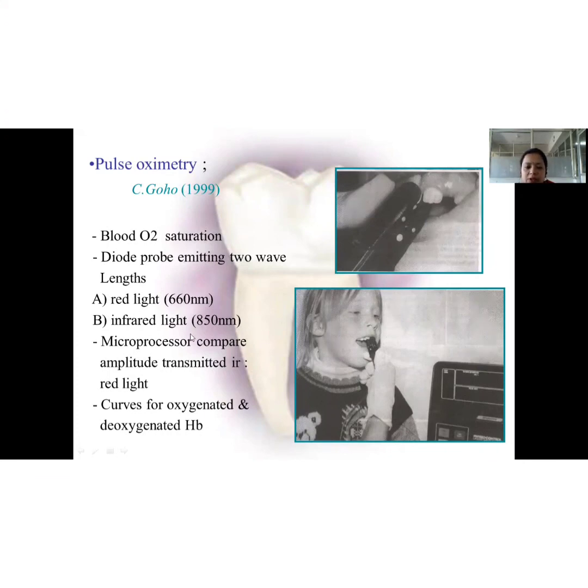Red light is 633 nanometers and infrared is 830 nanometers, and the microprocessor compares the amplitude transmitted for infrared to red light, with curves for oxygenated and deoxygenated blood. So if there is less oxygen supply to the tooth, there is a decrease in blood supply. The saturation will indicate that there is more deoxygenated blood present in the tooth, meaning the tooth is tending towards non-vitality.